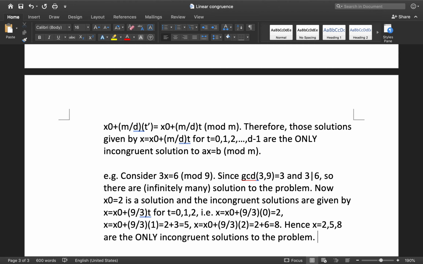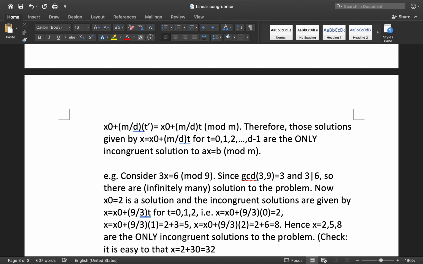If you don't believe that, you can check. For example, you take 2 plus 30, that gives 32.